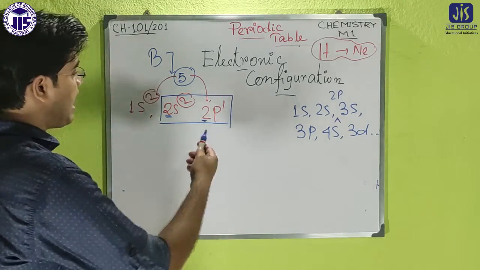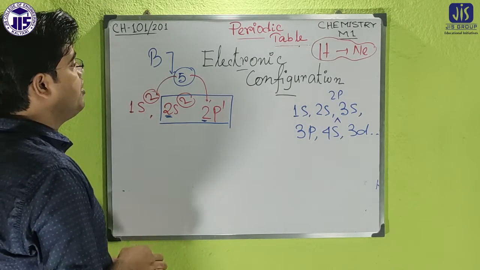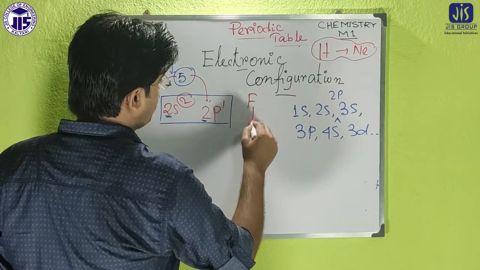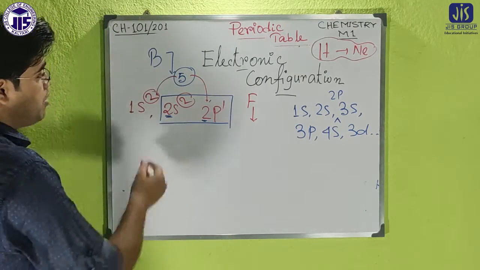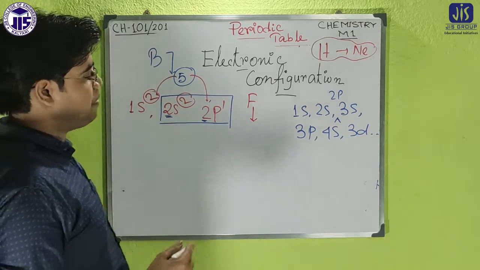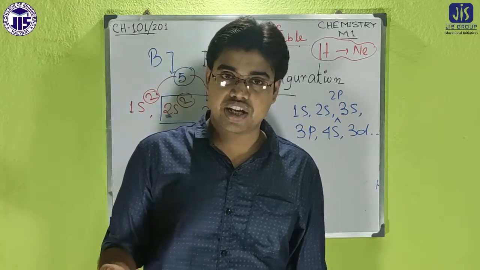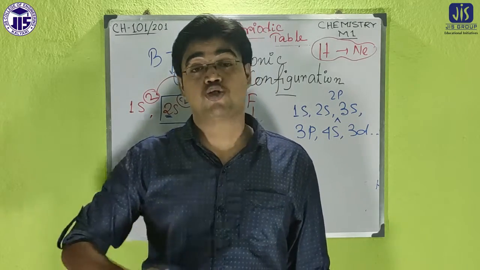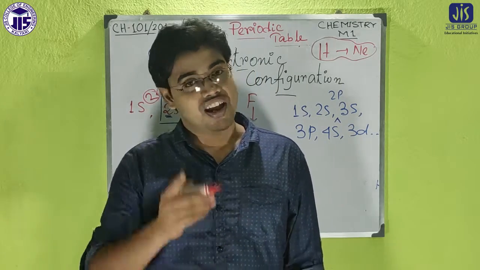Now let's take another example, the example of fluorine. What is the electronic configuration? Boron is 5, then carbon 6, nitrogen 7, oxygen 8, then fluorine 9.